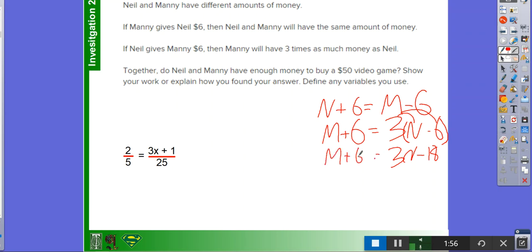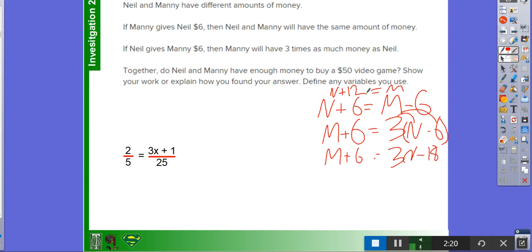And then with the top equation, we can add 6 to both sides to get m by itself. So for this top equation, we would get m equals n plus 12. So what we can do is plug in n plus 12 for m down here.